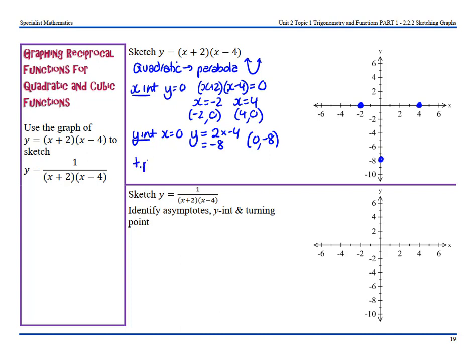Our turning point is halfway between our x-intercepts. So that's x equals 1. So y would be 3 times negative 3, which is a negative 9. Oh, not 0, negative 9. 1, negative 9.